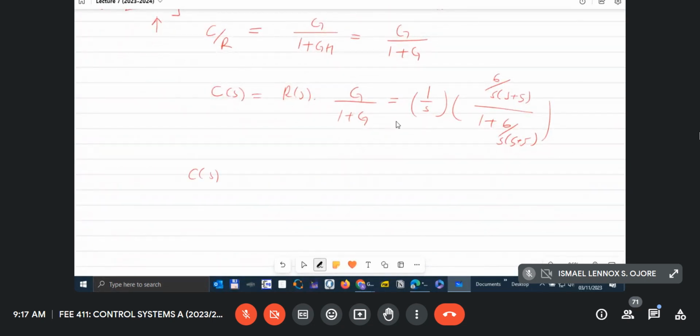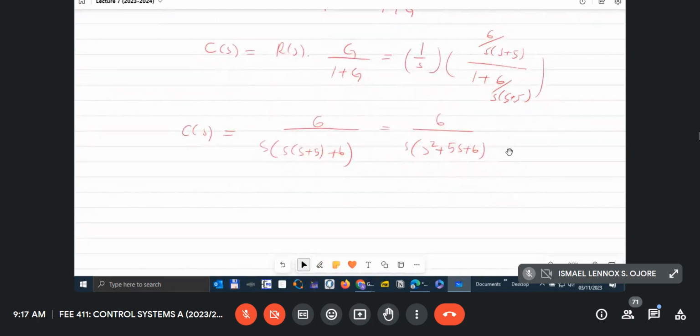So C of S, if you simplify that, you'll get something like this. We have 6 over s squared plus 5s plus 6. So that is our C of S. So you need to get C of t.